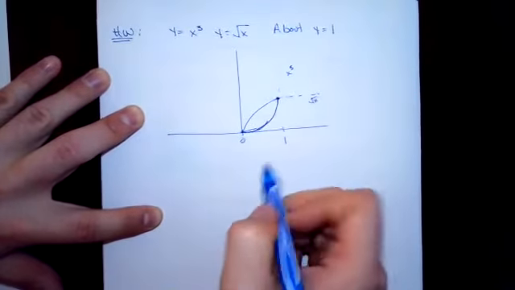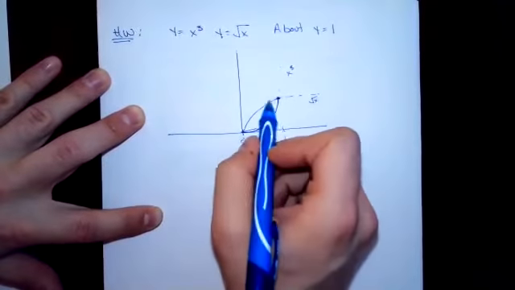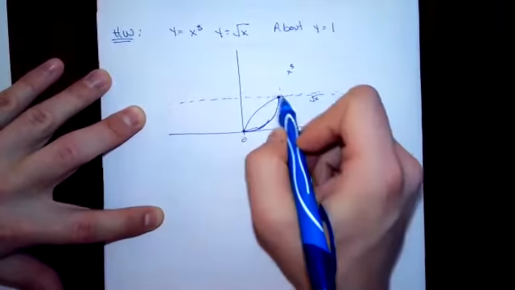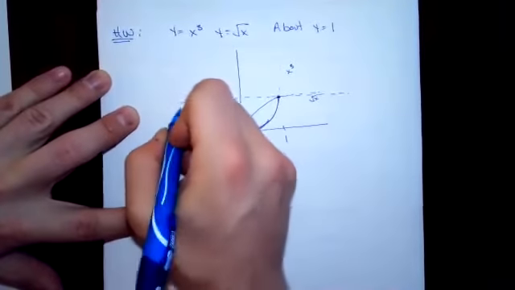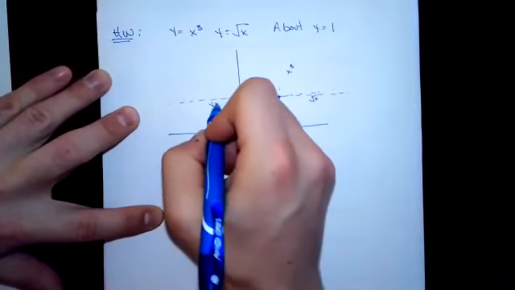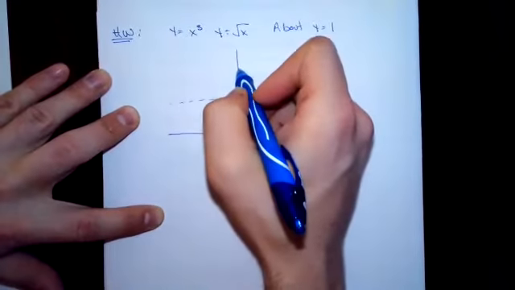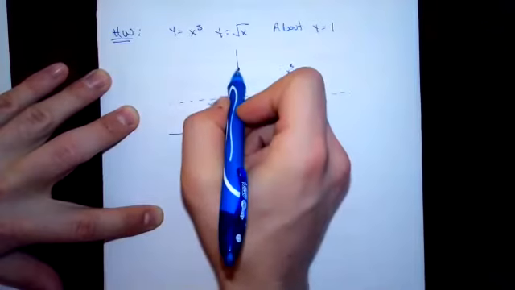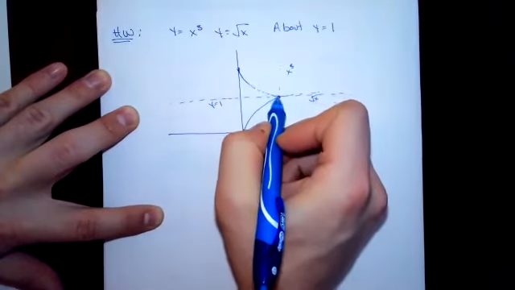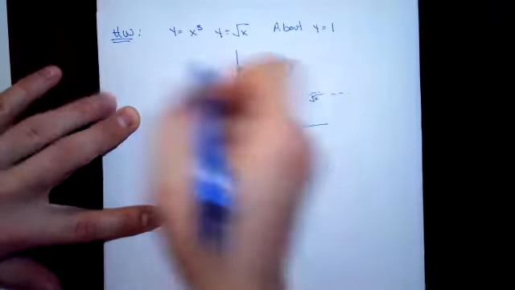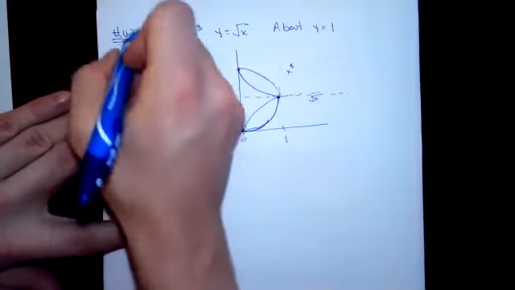So we want this region, but we are rotating about the line y equals 1. And so it's going to look something like this. Sorry, this was homework number 9.